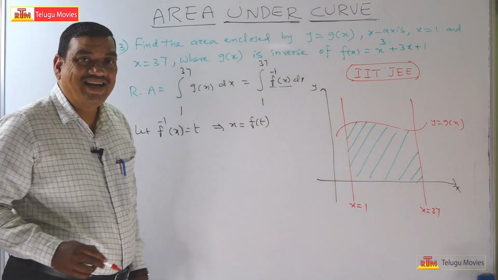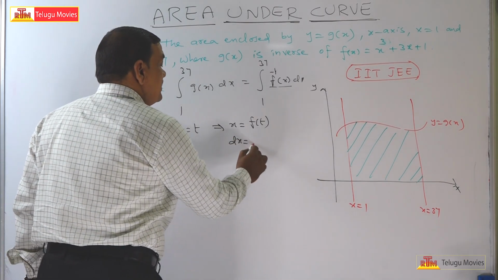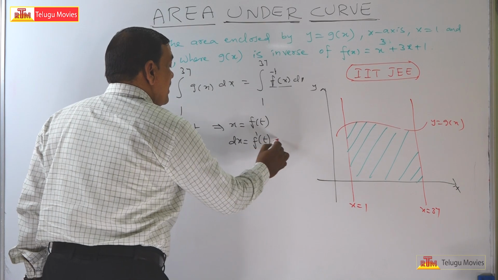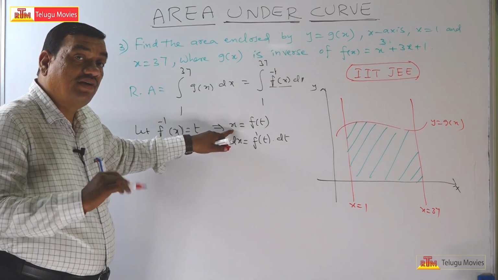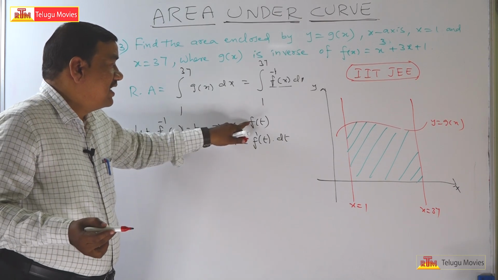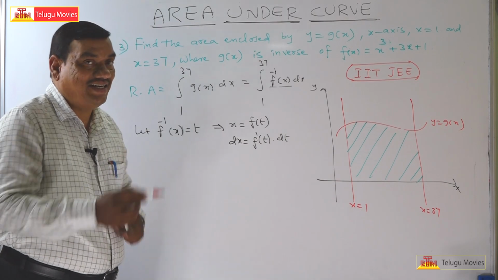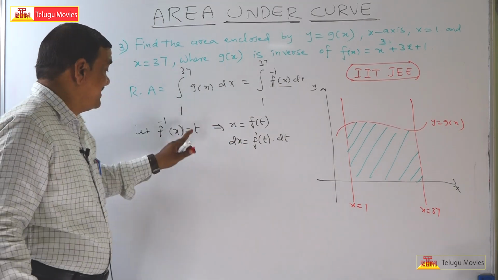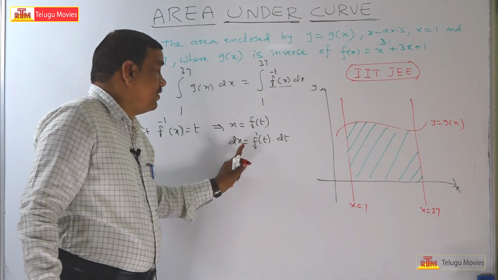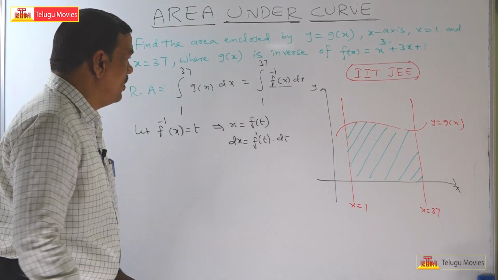Now, what about dx? Taking differentials on both sides, dx is equal to f dash of t into dt. So, f inverse of x value is t, dx value is f dash of t into dt. We will substitute, no problem.